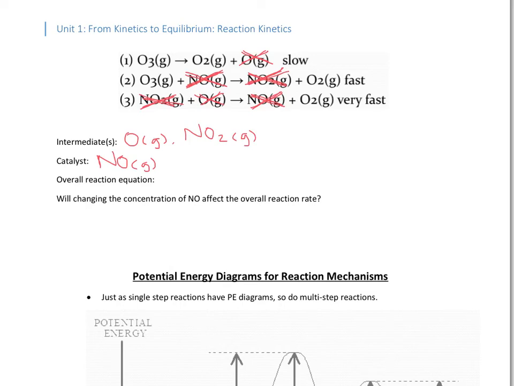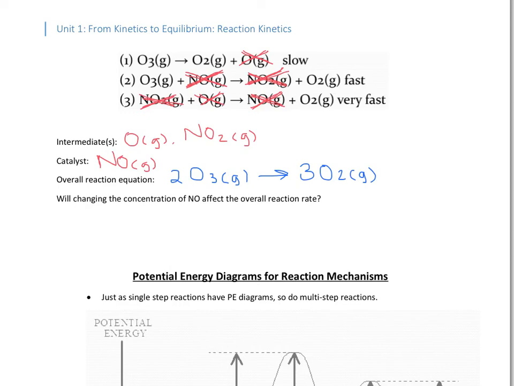To write the overall reaction now in lowest terms, we have 2 O3 or 2 ozones, and that produces 3 oxygen molecules. Will changing the concentration of nitrogen monoxide affect the overall reaction rate? Again, at first glance, it looks like a straight-up collision theory question.